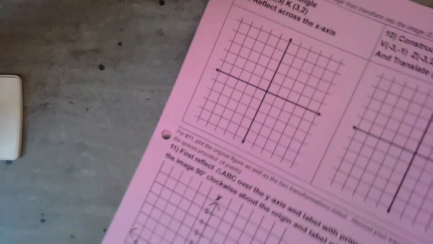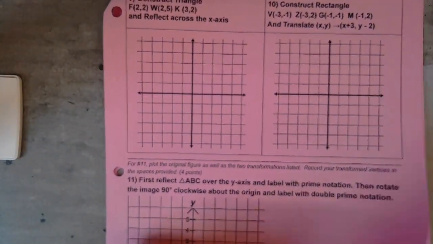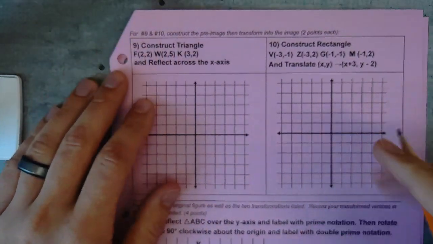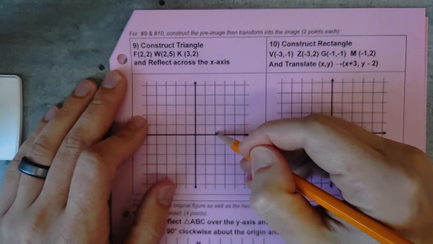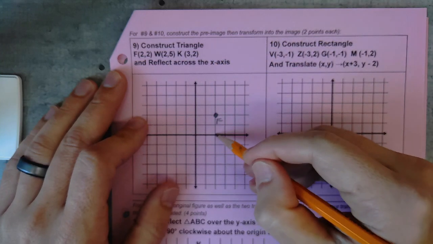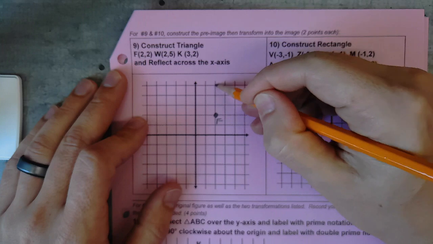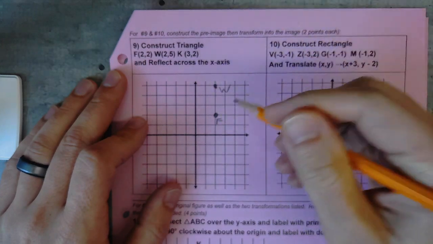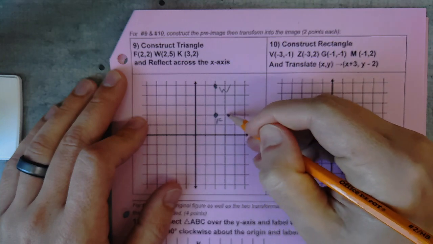All right, one more page to check here, right? So for this one, we've got to make the shapes first. So remember how to do that. 2, 2. Here's F. 2, 5. So over 2, up 5. And then 3, 2. So over 3, up 2.